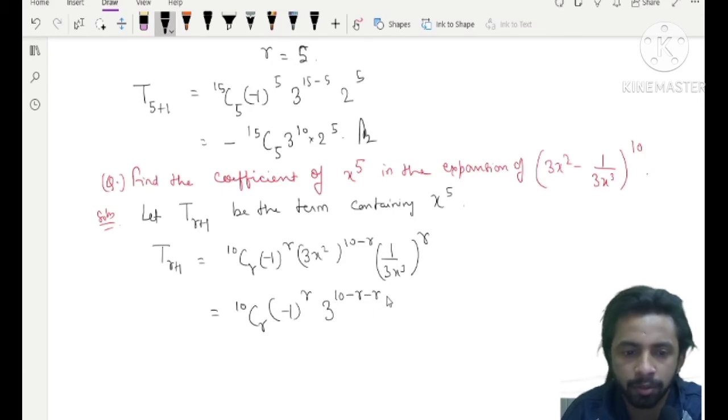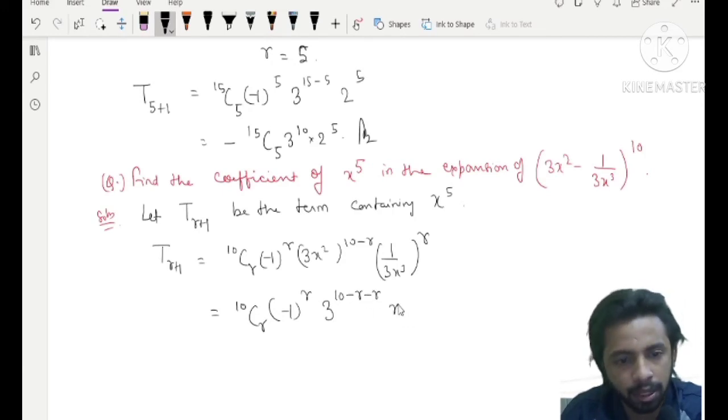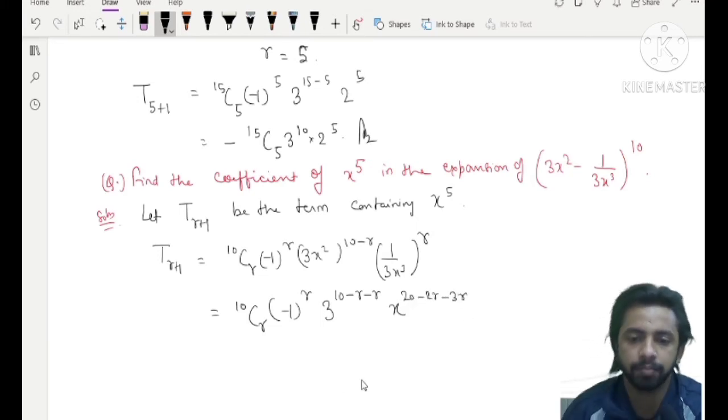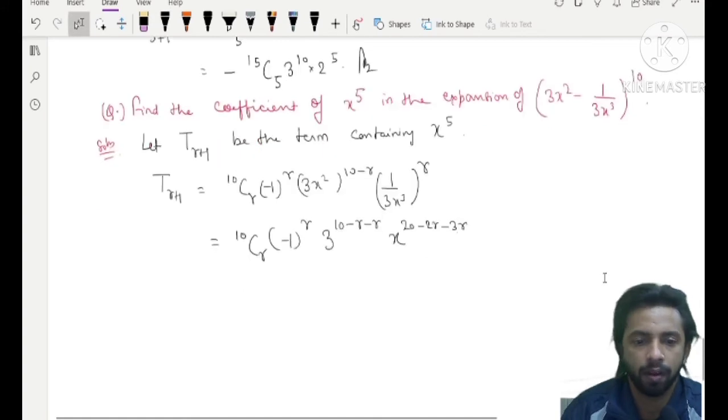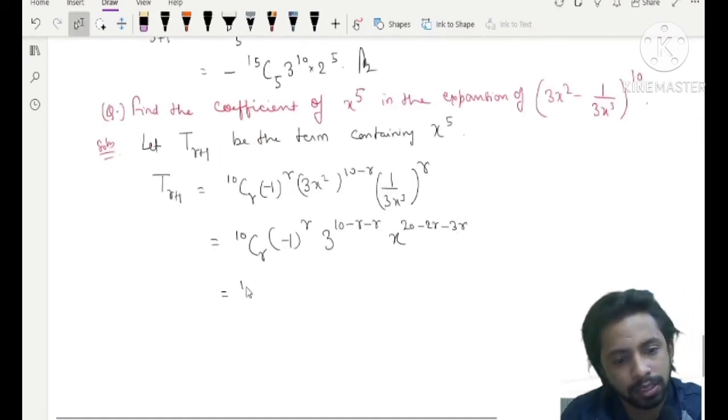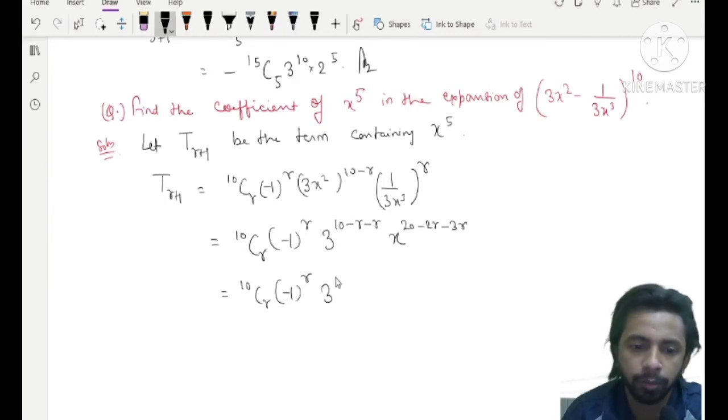So I am subtracting it all at once. Here we will have x to the power 20 minus 2r minus 3r. So this is 10Cr (-1) raised to the power r, 3 to the power 10 minus 2r, and x to the power 20 minus 5r.